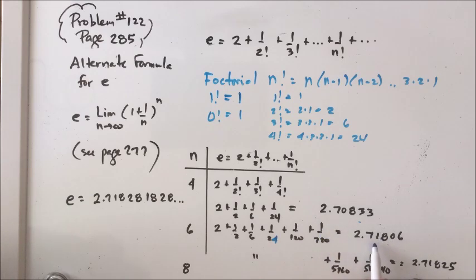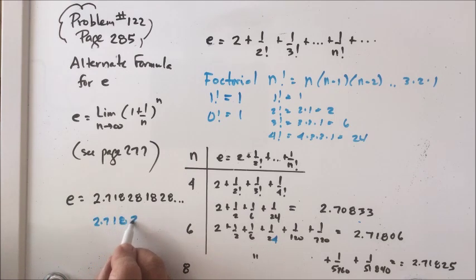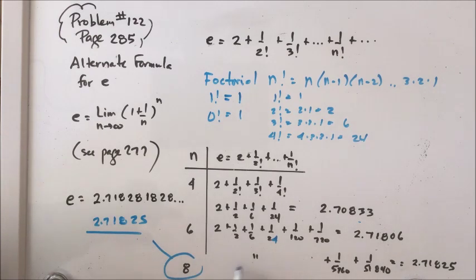Add them all up, and now with just 6 terms, we've got 2.718 versus 2.718. And if we go to 8 terms, I don't know if you can see this, but after 8 terms, we've got 2.71825. So we've got it correct to 4 decimal places after 8 terms.